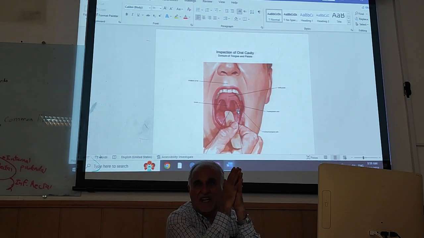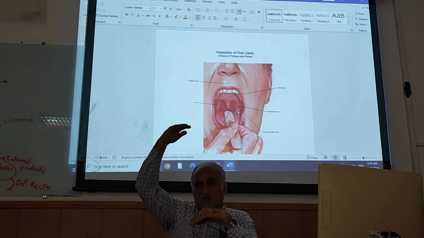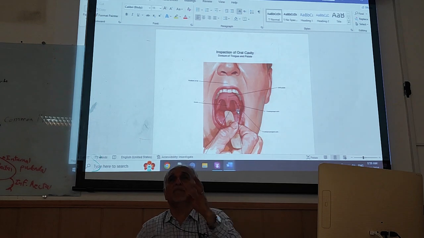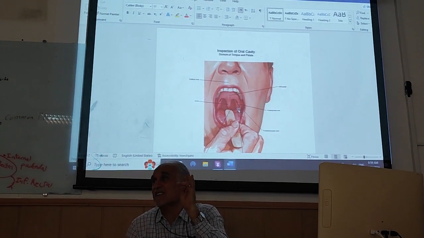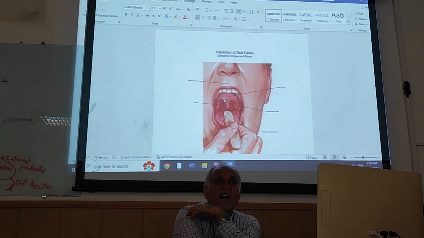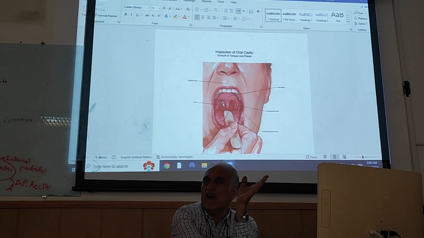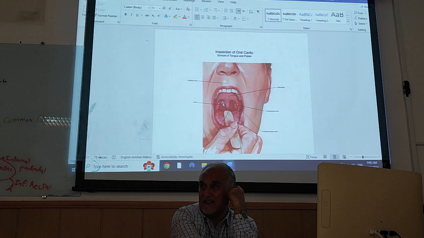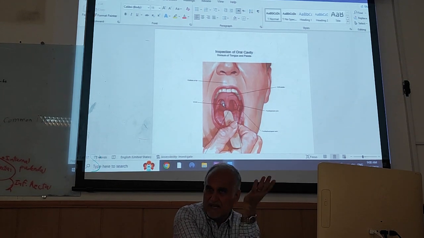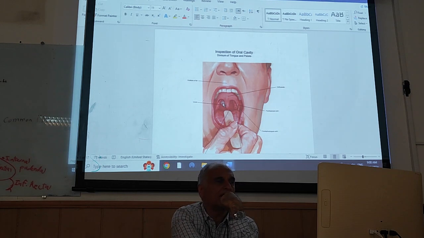So the oral cavity has a roof and floor. The roof, as I mentioned, is made by the hard palate and soft palate. Now here you are looking at the soft palate by the uvula and some muscle that we have here. And the hard palate is made by bony part.